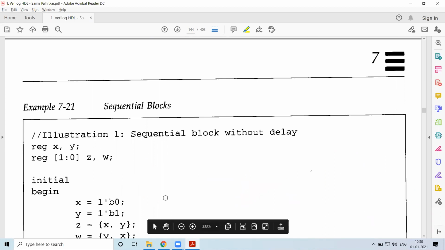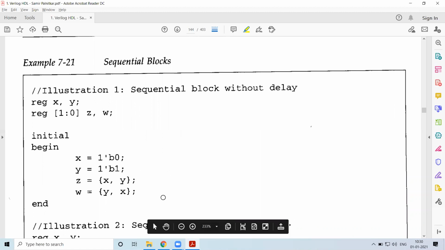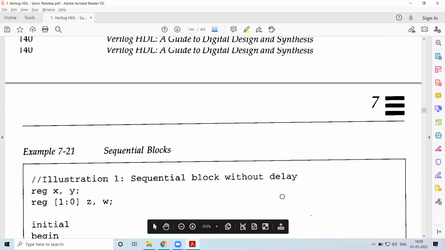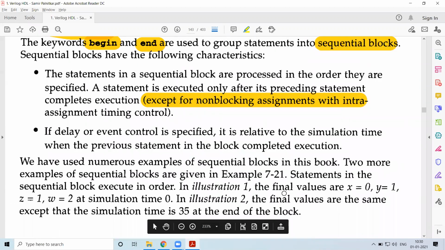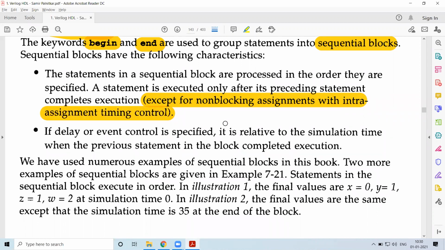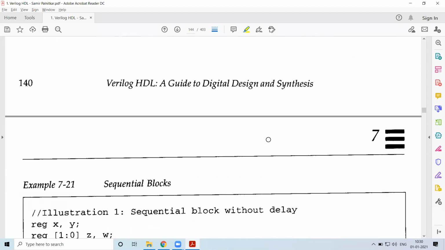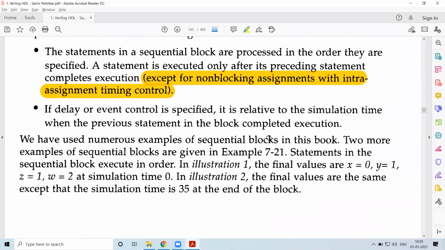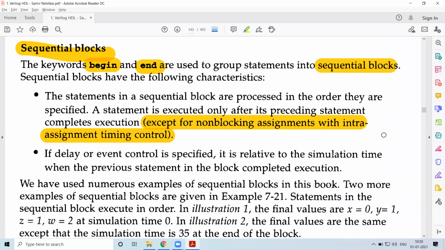Non-blocking assignments don't block the assignment of the next statement. All of them execute at the same time. We have discussed all these in the previous sessions. Except for this, the order of execution will be one after the other in the sequence that you have specified. That is pertaining to the sequential block.